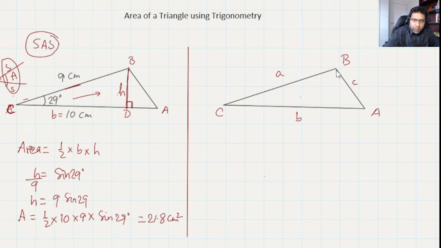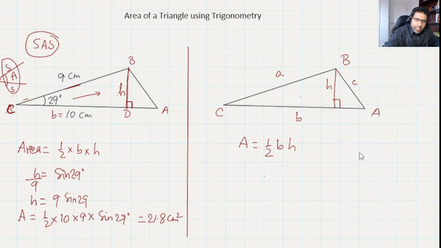If you make a vertical line here again, exactly the same way you can explain that the area will be half times base times height, this is height, and then height you can write in terms of sine theta.